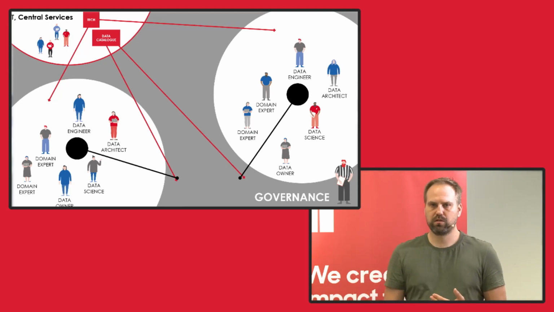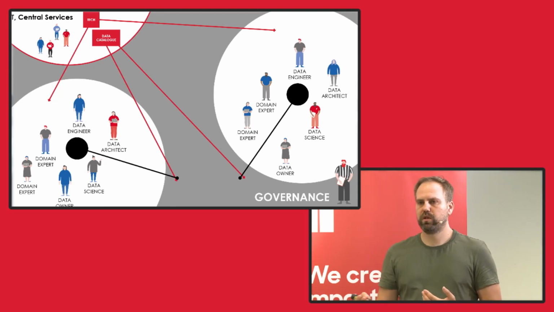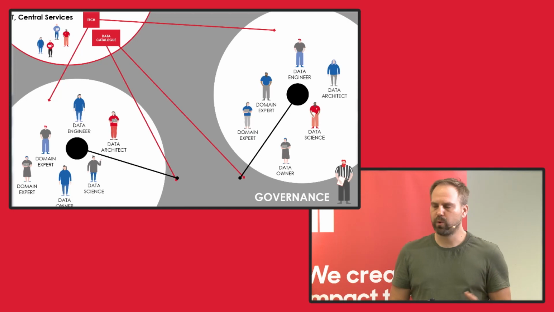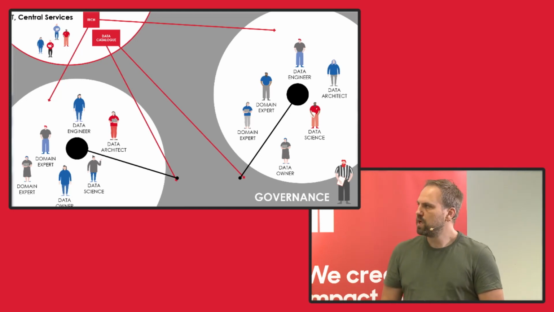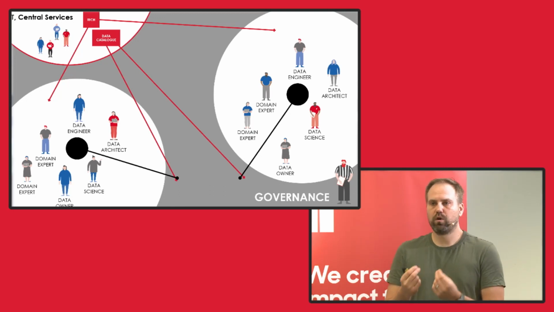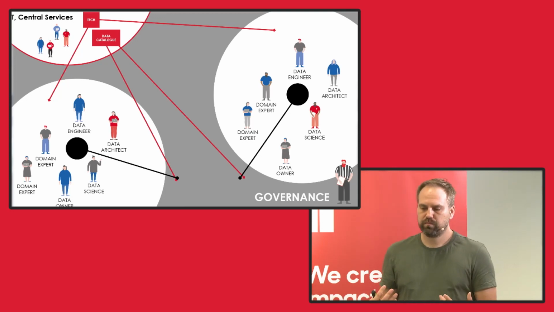How do you get access to the data product once you discover it? How do you actually start using it, whether it's in your machine learning model or report and all of that? And of course, a data catalog has a lot of answers to this. So the data catalog would be one component within the self-serve platform, which the different domain teams actually use.